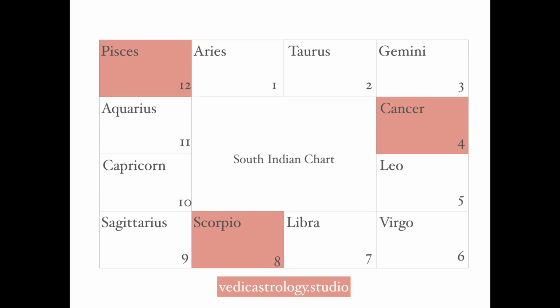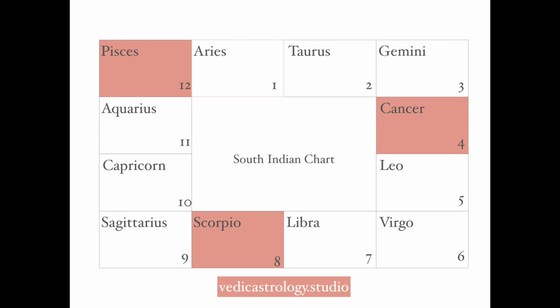So you just have to know how to analyze the chart. You have to take everything into account. Right now we're just doing baby steps, but I would say you might see schizophrenia or mental instability in the 8th and 12th houses, or even the 4th house, emotional instability.